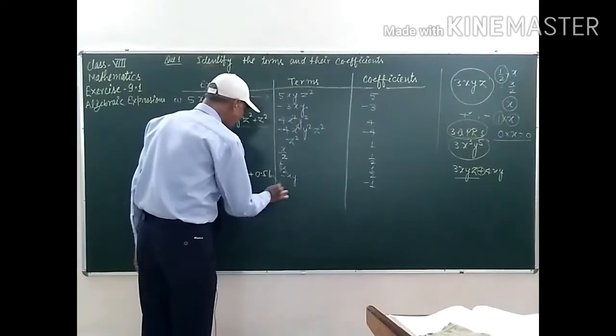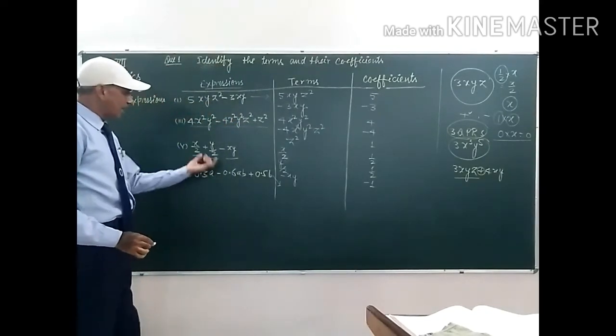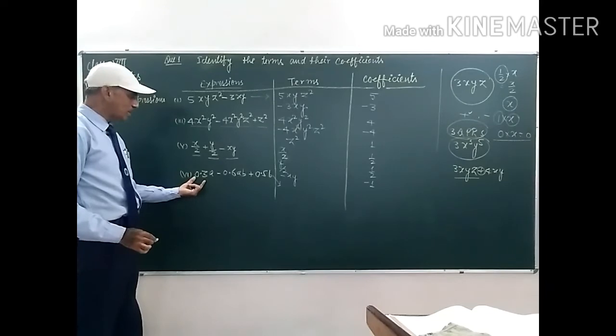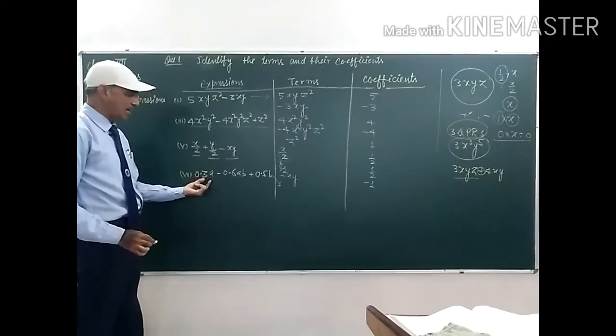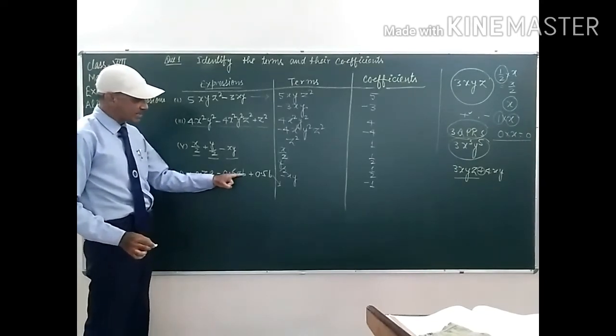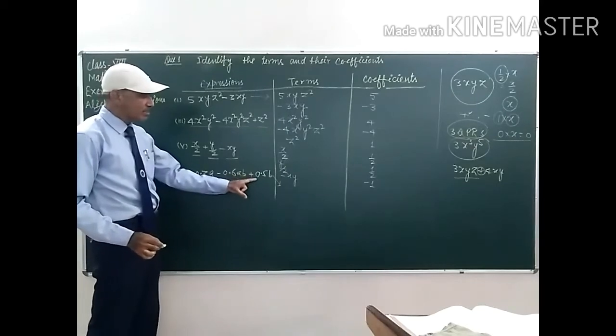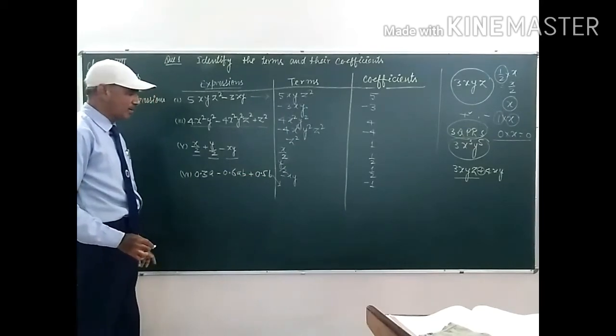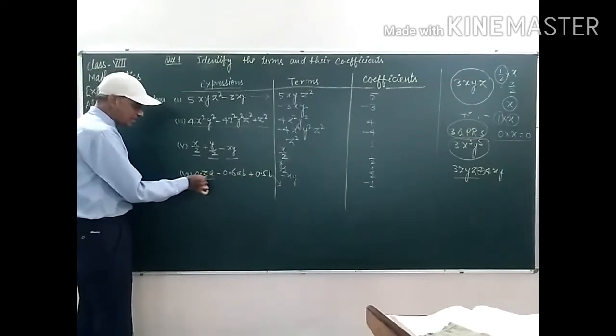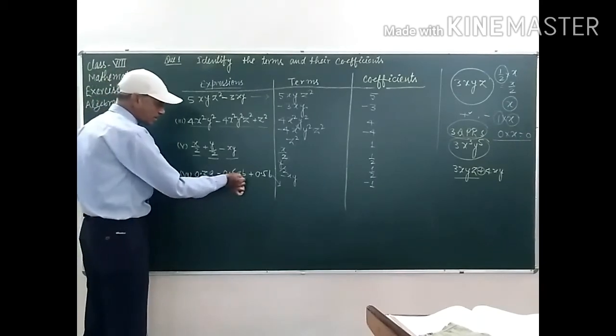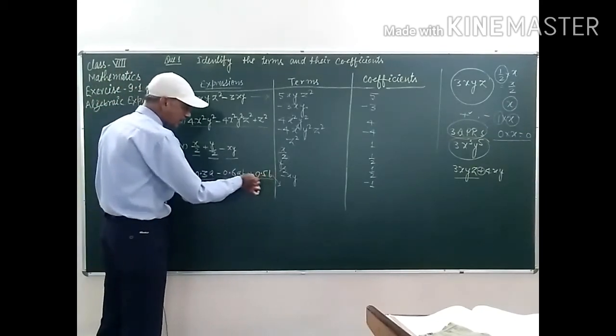Okay, students? And now the last one, this one: 0.3a minus 0.6ab plus 0.5b. Okay, students? So there are 3 terms. First term, second term and this one third term.